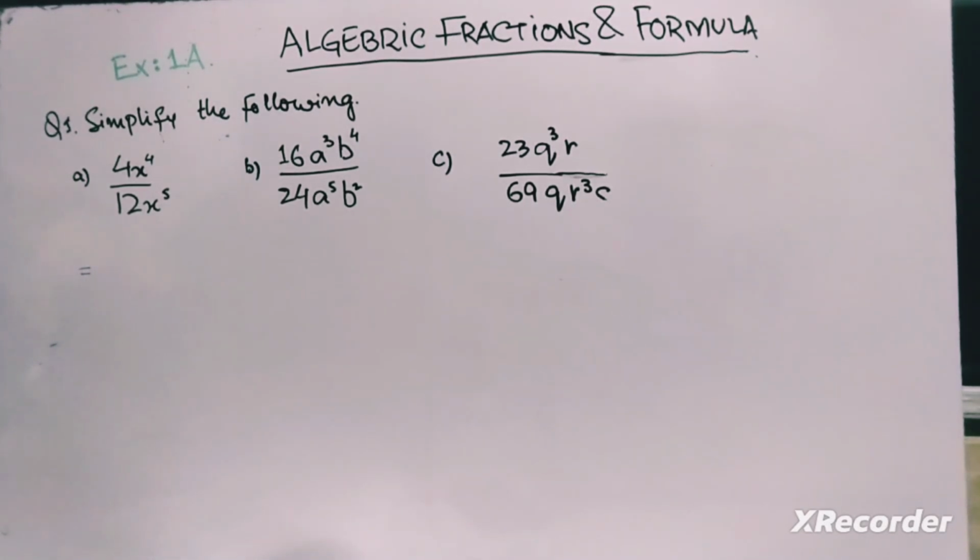Part A is 4x^4 over 12x^5. First of all we have to solve the numbers.